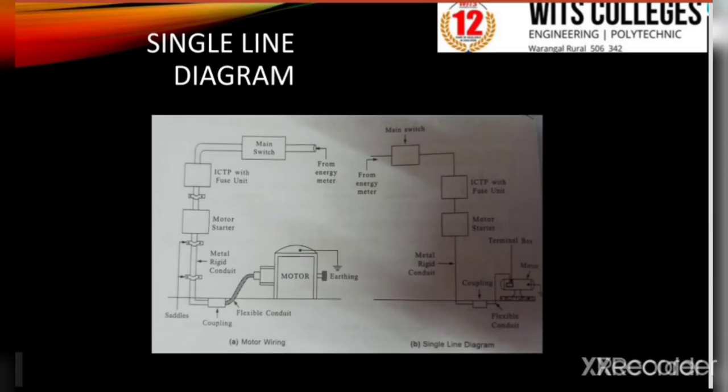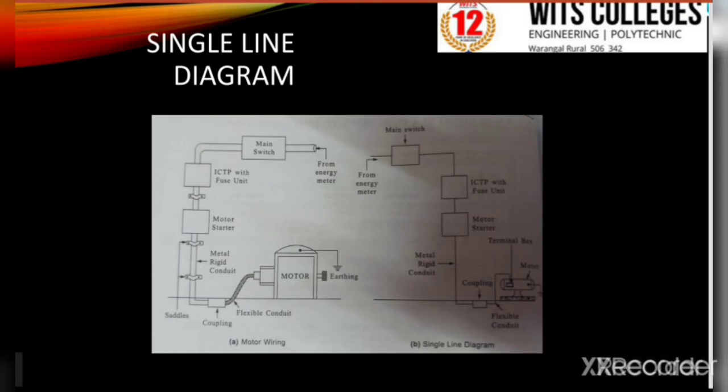And coming to the single line diagram, here you can see the figure. It shows the motor wiring. First of all is the single line diagram of motor wiring. Energy is taken from the pole to the meter board to the main switch, from the main switch to the ICTP with fuse unit, and after that it is transferred to the motor starter.